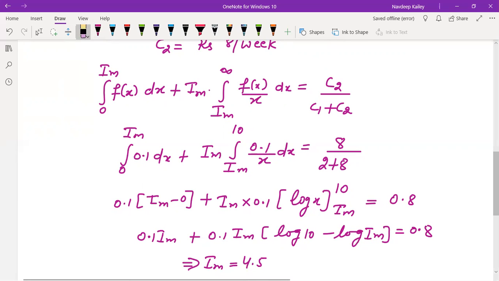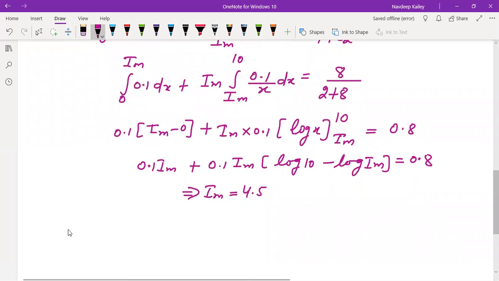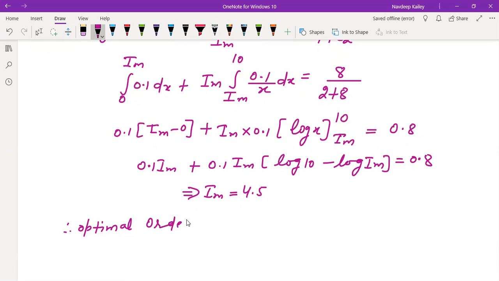Therefore, the optimal order level of inventory is 4.5.